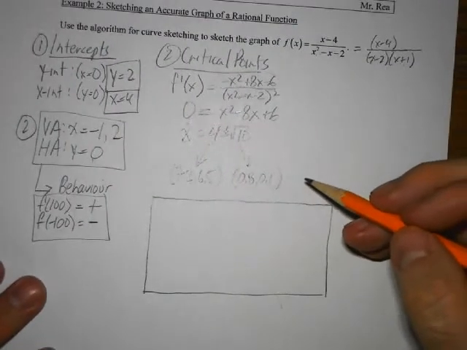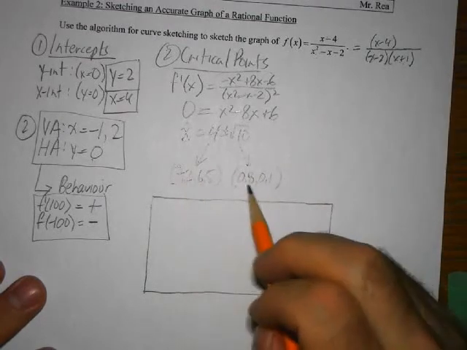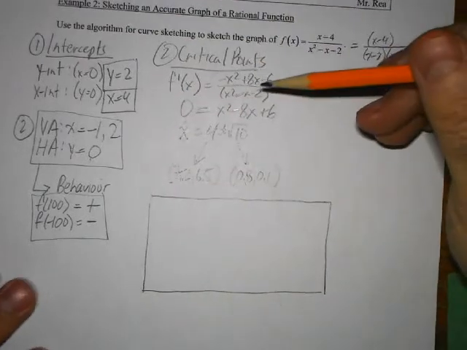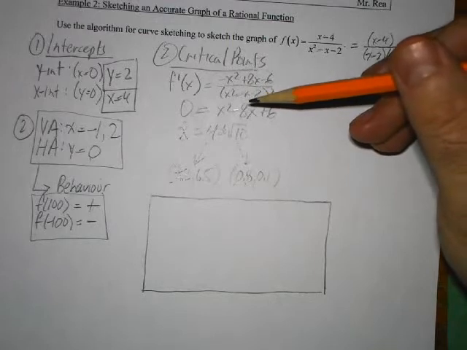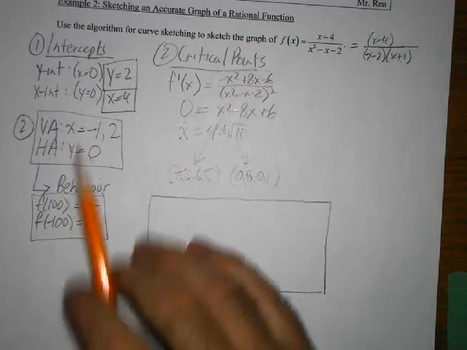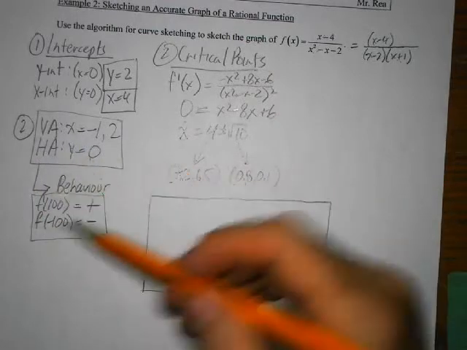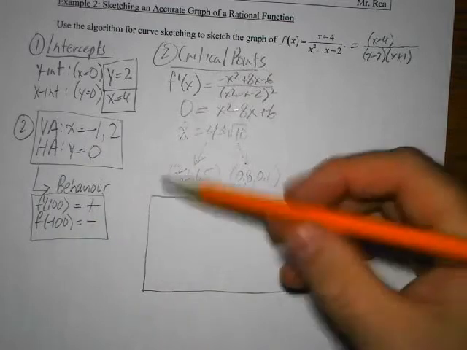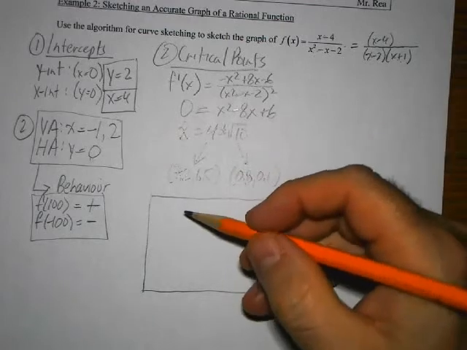When I do this interval test, of course I'm going to be using 7.2 and 0.8, but I'm also going to be putting in my vertical asymptotes because that's where the function's discontinuous. And you notice when I did the vertical asymptote, horizontal asymptote, I didn't do the vertical asymptote behavior. So you could do it there and not do it here, or you could do the two things together. So I'll show you what I mean by that.